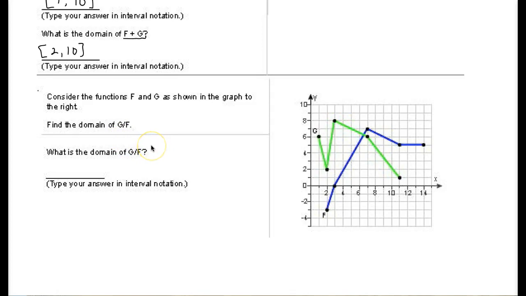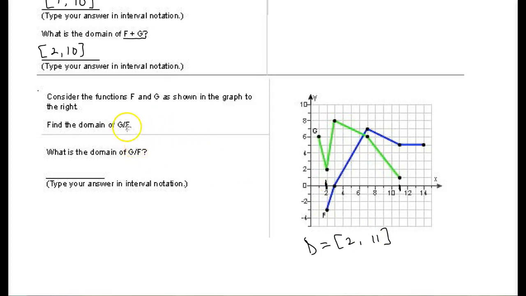Okay, so let's take care of the overlap part first. So both of these graphs overlap each other starting at x equals 2, and it ends at x equals 11. Okay, so for right now, we'll say that domain is from 2 to 11.